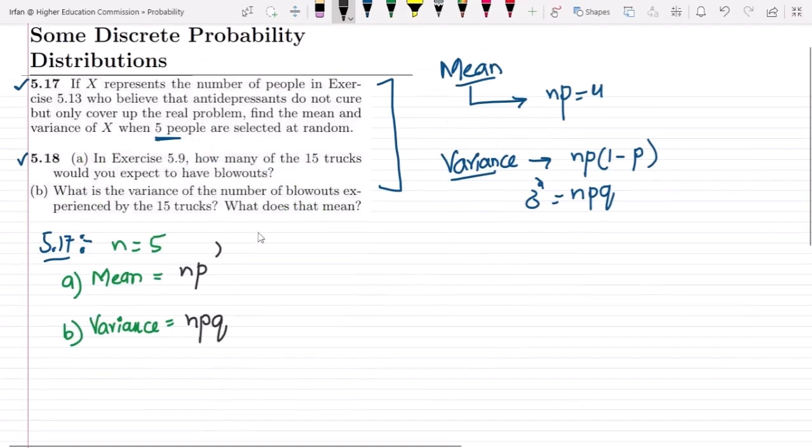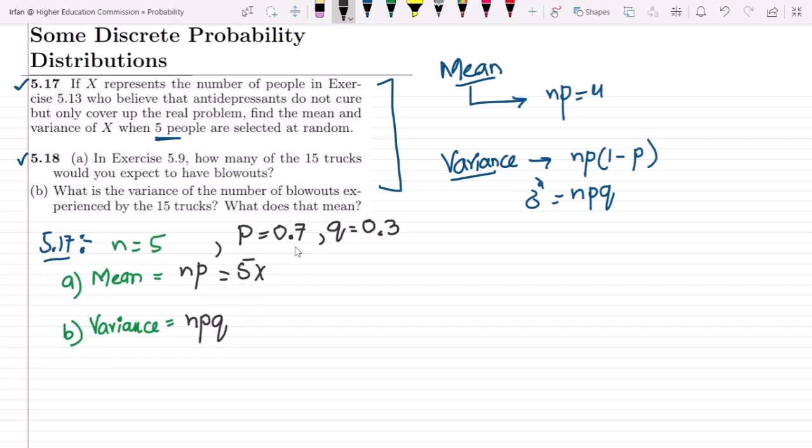So here, as we have been given that p is 0.7 and q is 0.3, let me put these values here. n is 5 and p is 0.7, so the mean would be 3.5.